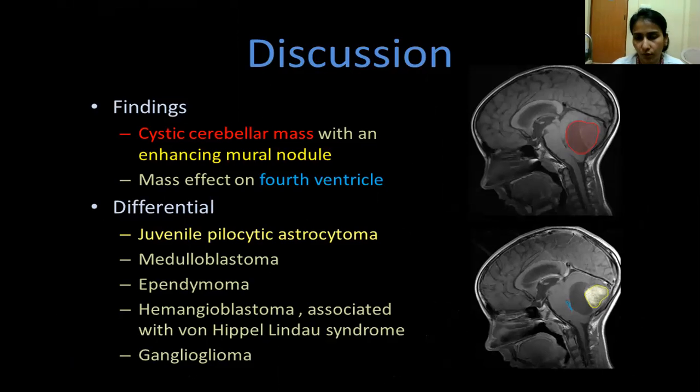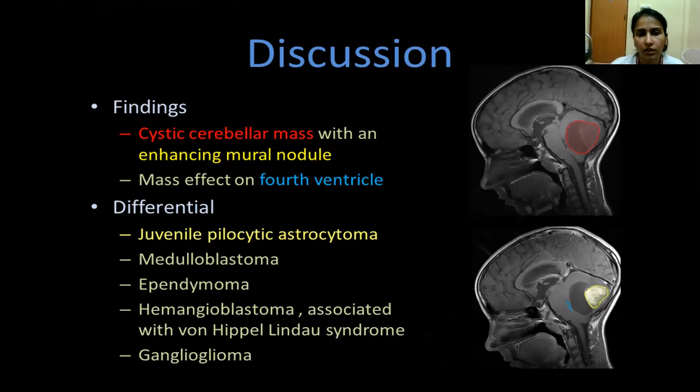Next, the differential, what we are going to see. What we discussed earlier was that there are some tumors that have a characteristic picture. So this image is juvenile pilocytic astrocytoma. It is a cystic cerebellar mass with an enhancing mural nodule.